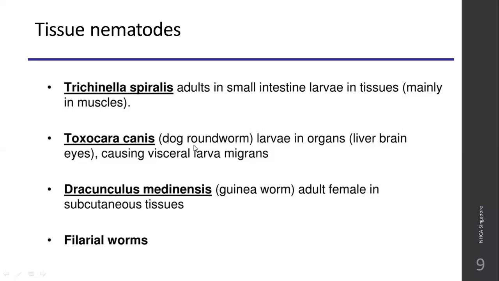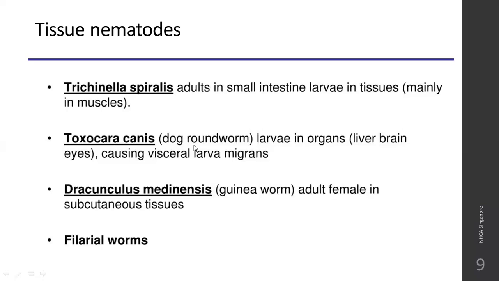Then trichinosis. It is caused by Trichinella spiralis. Adults in the small intestine lay larvae in the tissues, mainly muscles. With undercooked meat, if you are not cooking your meat properly, non-vegetarians can get this infection.